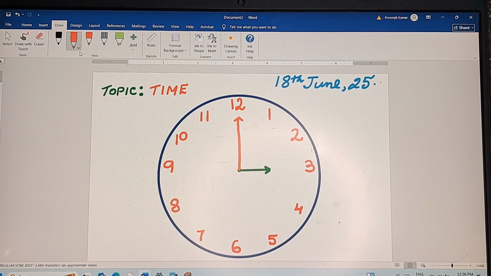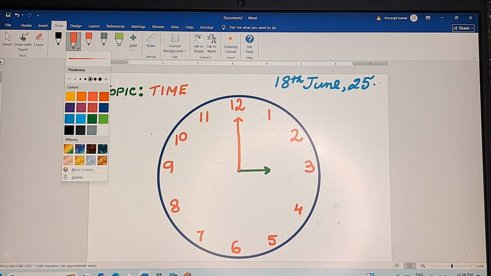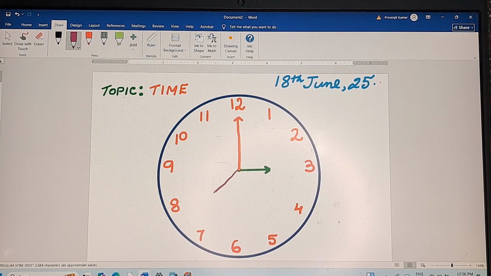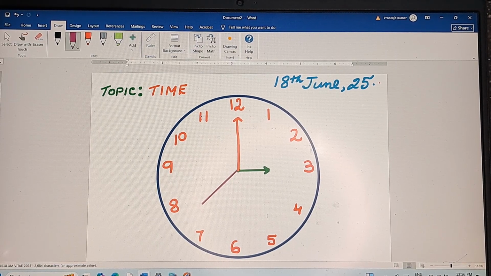And there is one more hand called the second hand. So we can draw the second hand over here. Now what is the time showing on the clock? It is 3 o'clock.